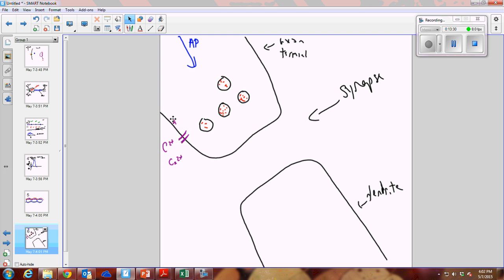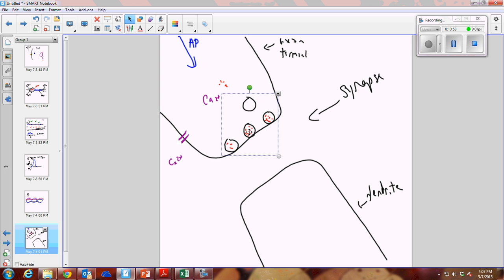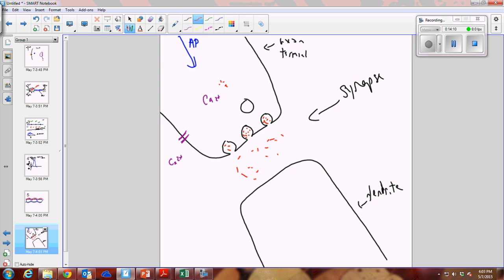Well, the calcium will actually push these vesicles to the edge of the membrane. And remember the process we talked about, exocytosis? Well, those vesicles will merge with the cell membrane and release their neurotransmitter into the synapse.